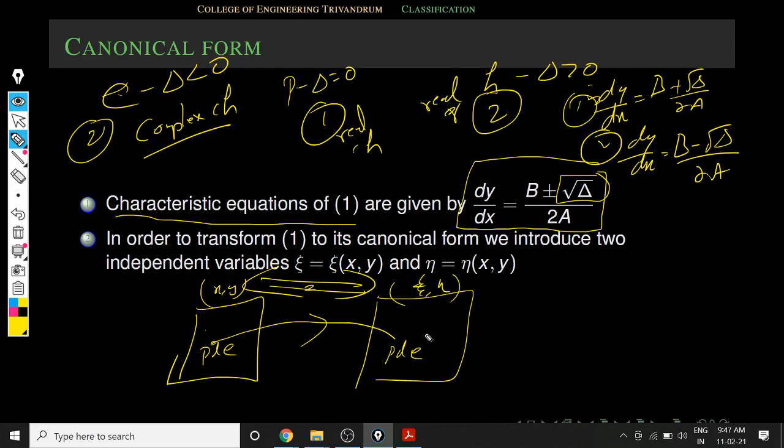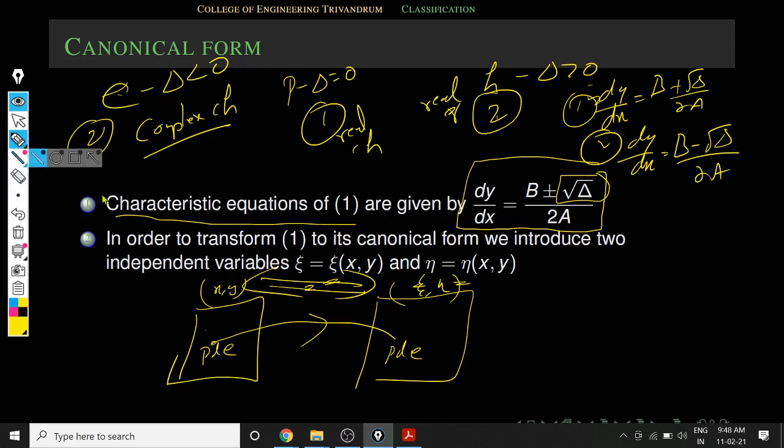So our main first task is to find these good relations, to transform and get a good PDE. If it is hyperbolic or elliptic, we have straightforward methods to find psi and eta, the transformation functions. If it is parabolic, there is some trick: we will use a small technique to find the transformation. Using this transformation, we find the new PDE.